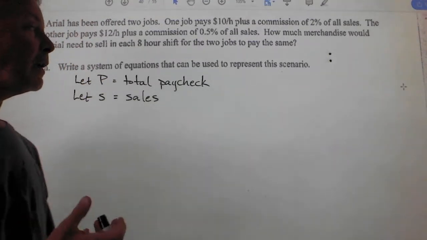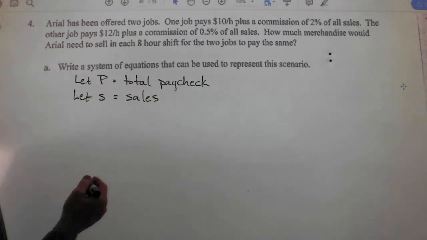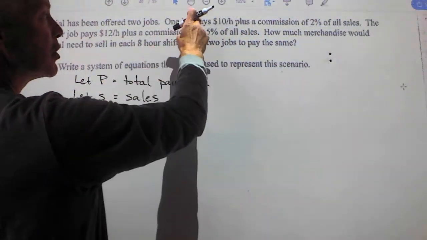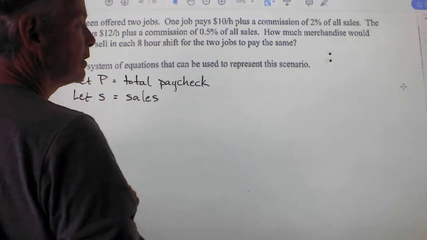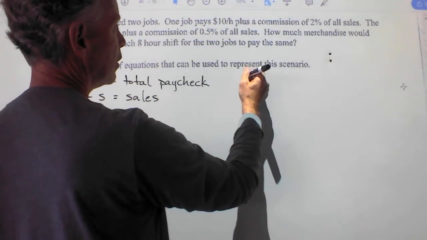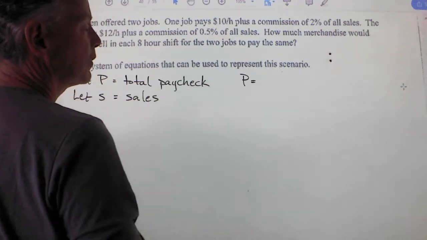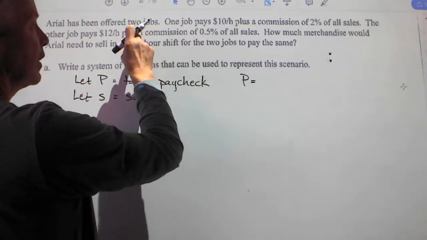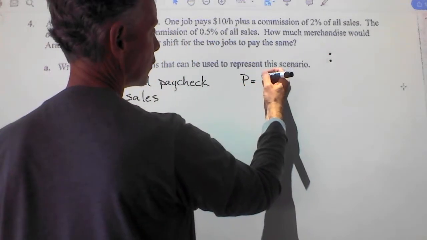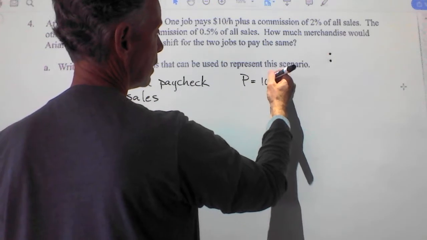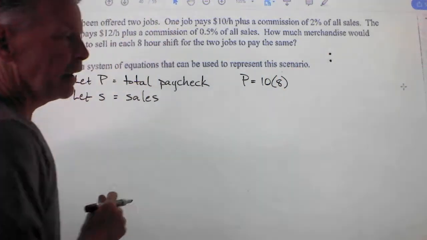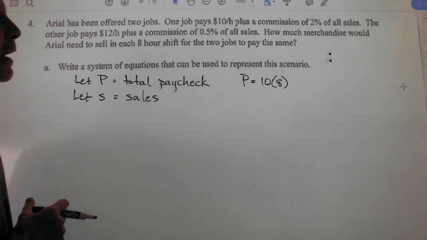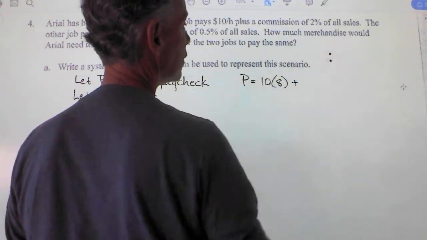Okay? And then we can come up with a system of equations from this second sentence here that describes how much she would get paid on this plan. So our first equation would be her total paycheck equals, now it says it's an 8-hour shift, so her total paycheck would be $10 an hour times 8 hours plus her commission.